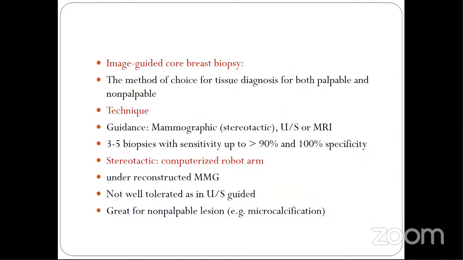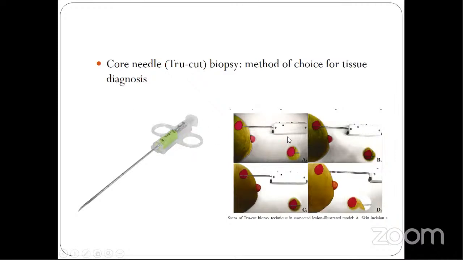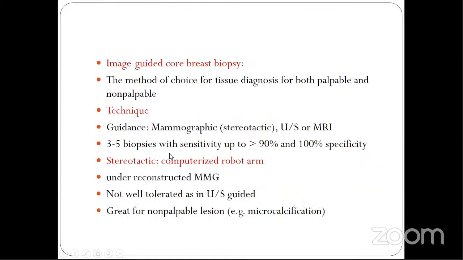We have image guided core biopsy, the method of choice for tissue diagnosis for palpable and non-palpable mass. In TrueCut biopsy here, we should palpate the mass first, then after palpation, we'll go for core biopsy. But image guided will be ideal for palpable and non-palpable mass.